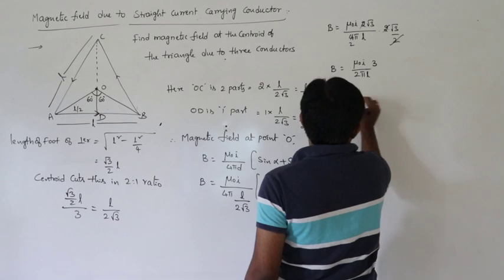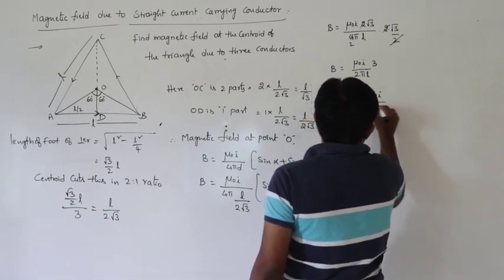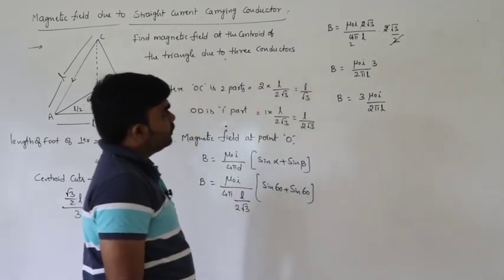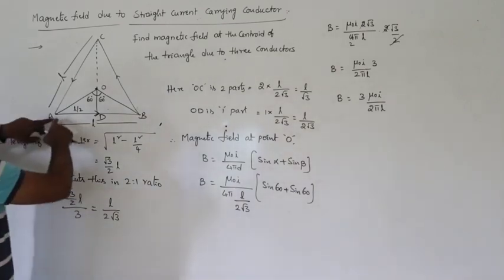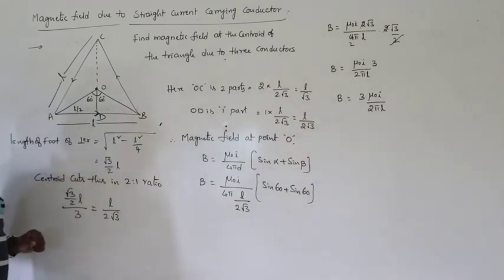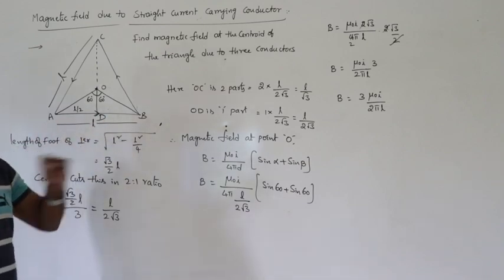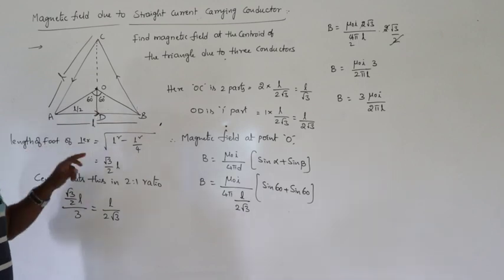So B is equal to 3 mu naught I by 2 pi L. This is the magnetic field due to only one conductor. Here we are considering only the magnetic field due to one conductor.